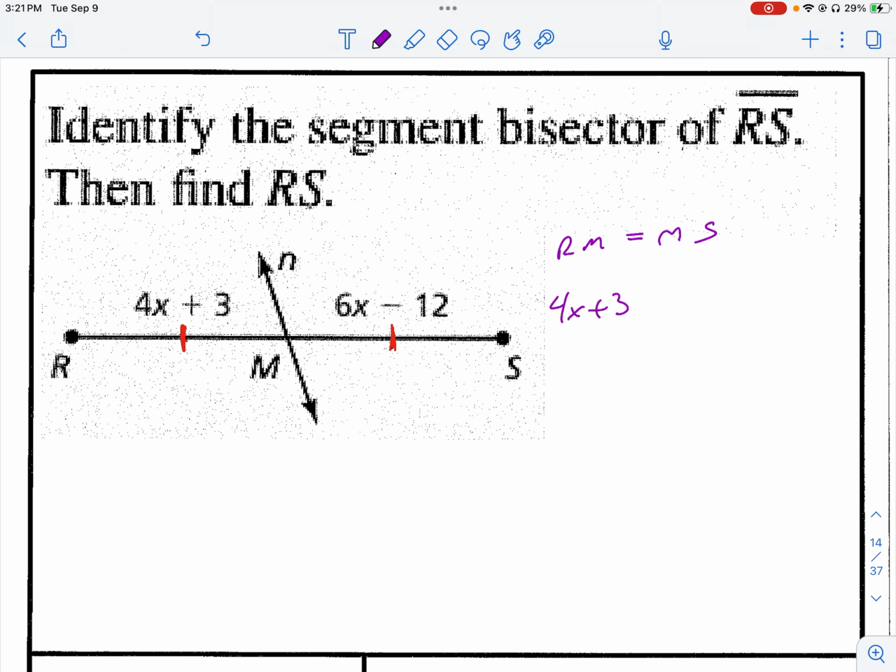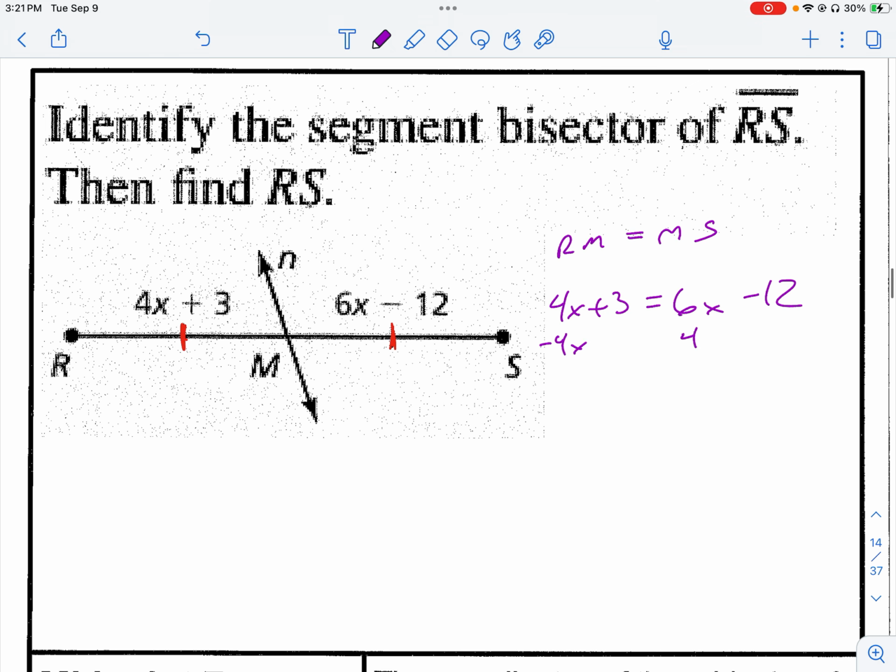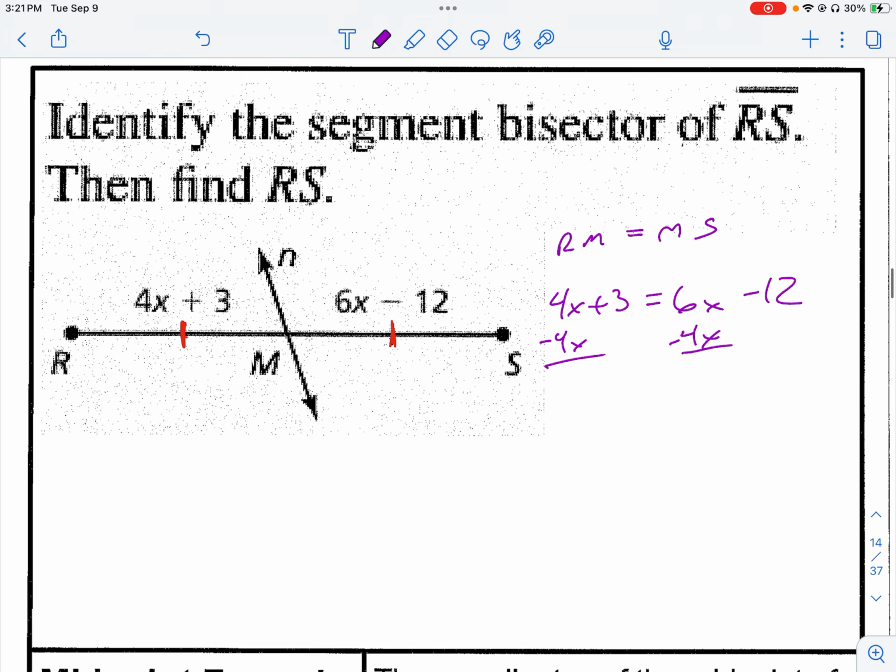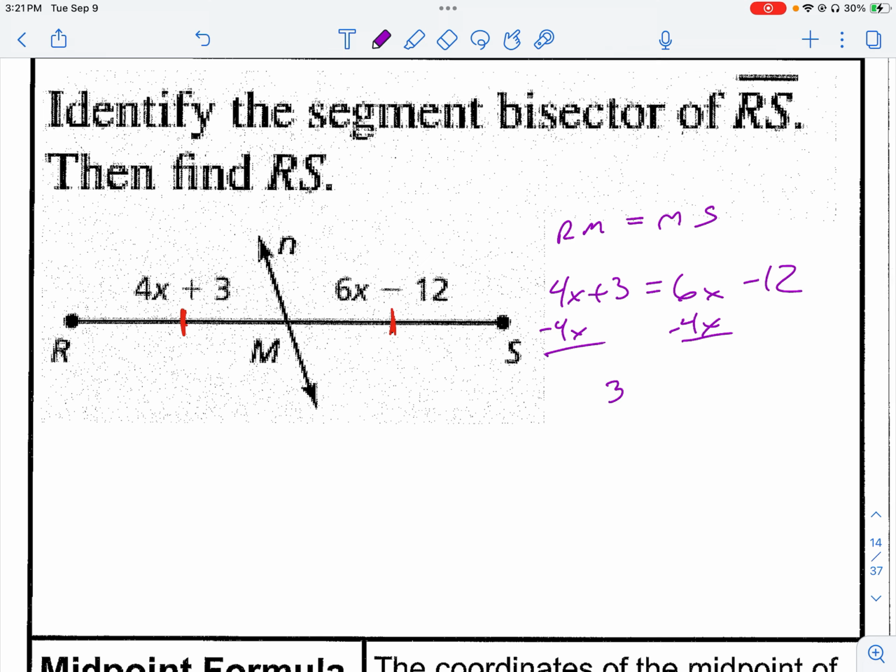So 4x plus 3 equals 6x minus 12. We're going to get the x's on the same side. Then we're going to get the x by itself. Divide by 2, so x equals 7.5.